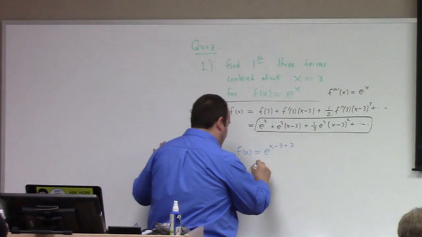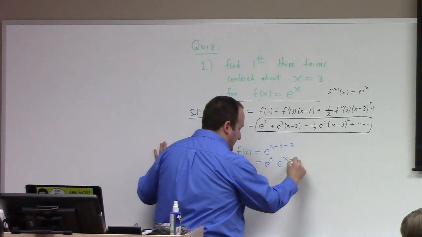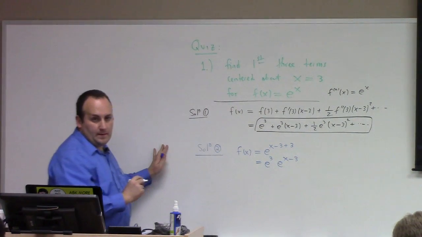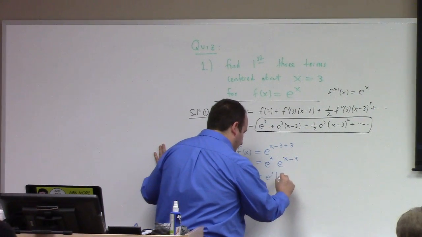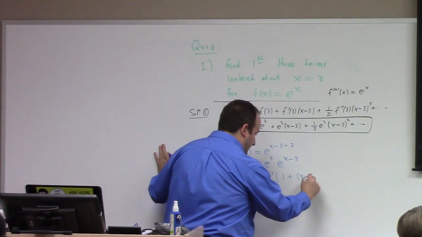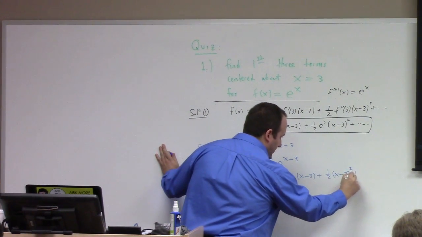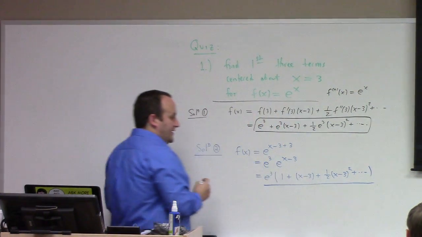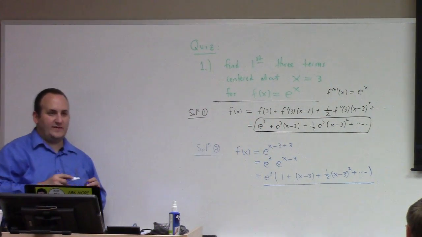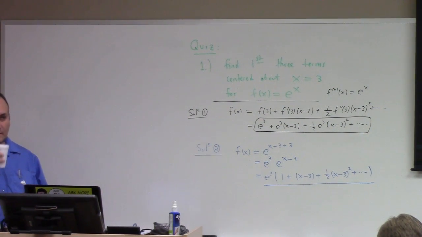So that's by laws of exponents e to the 3 times e to the (x minus 3). And then I can use substitution. That's e to the 3 times (1 plus (x minus 3) plus 1/2 (x minus 3) squared plus dot dot dot). And there you go. Another way to get the answer. And I even have e to the 3 factored out as a natural byproduct of my trick.